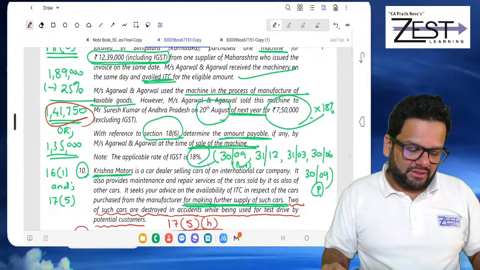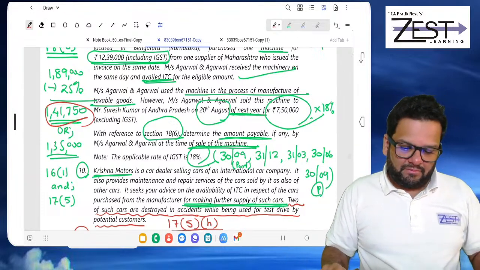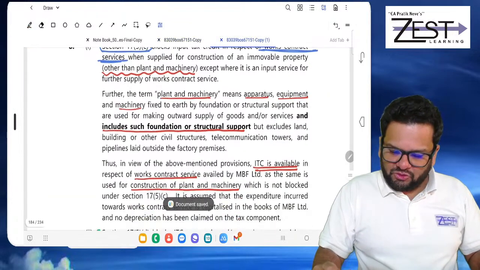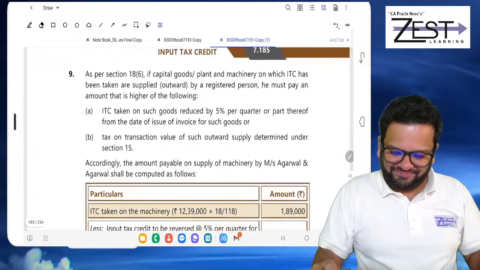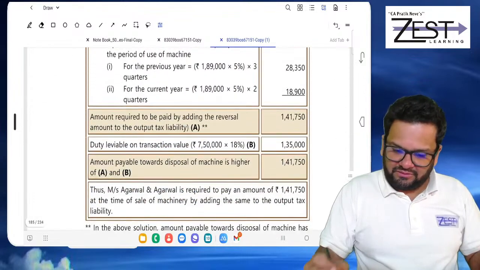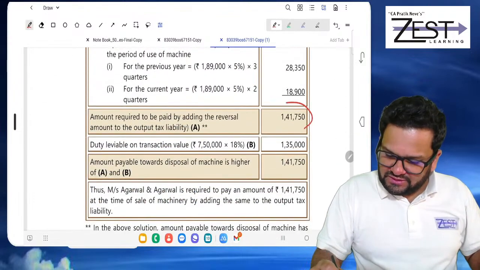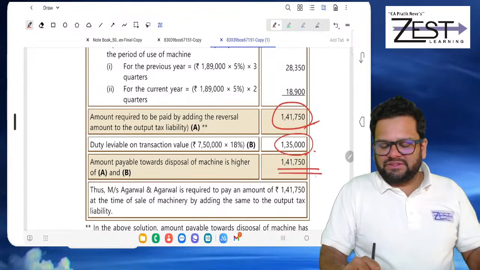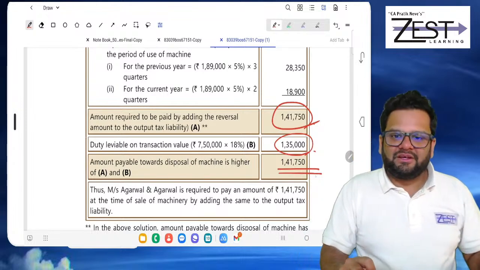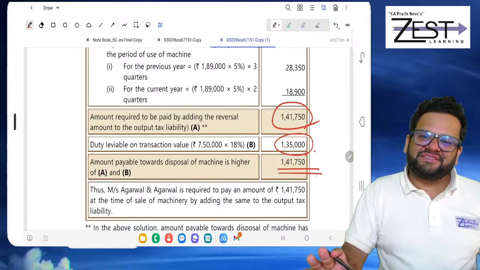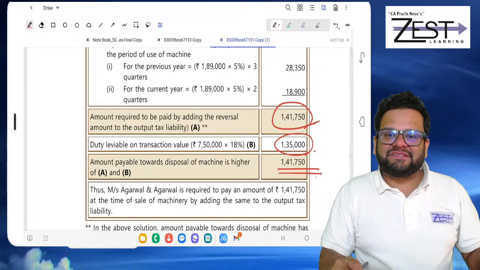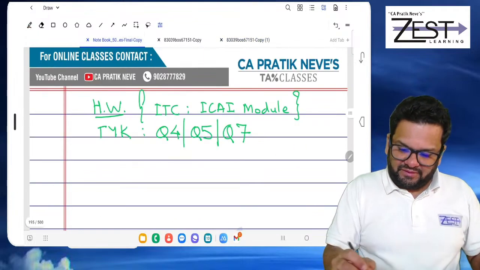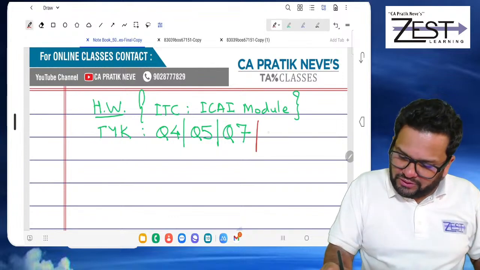Did you all understand? Check. 141,750 and 135. You will pay whichever is higher. Friends, simple enough. Are you getting it clearly? Will you be easily able to do it?